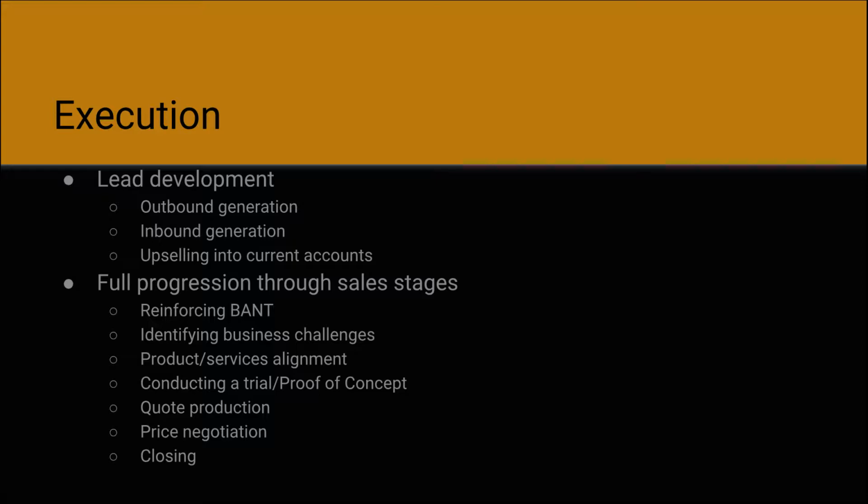And like I keep saying, you'll have to execute on the full progression of going through all the sales stages. So you're going to have to reinforce the budget, authority, need, and timeline, which is the BANT, and making sure that your sales development team did a good job with that. So just double checking with the customer on those things, and really doing a good job of understanding what their business challenges are.